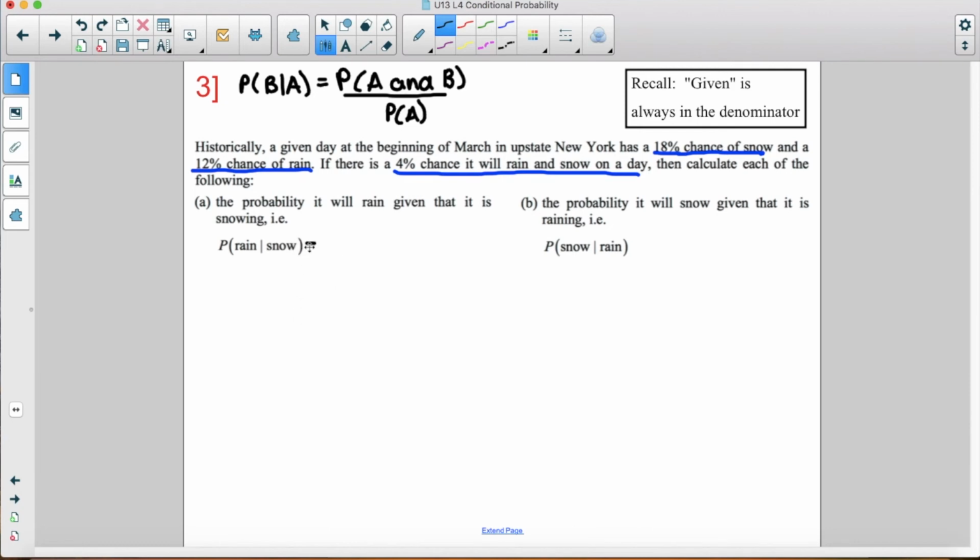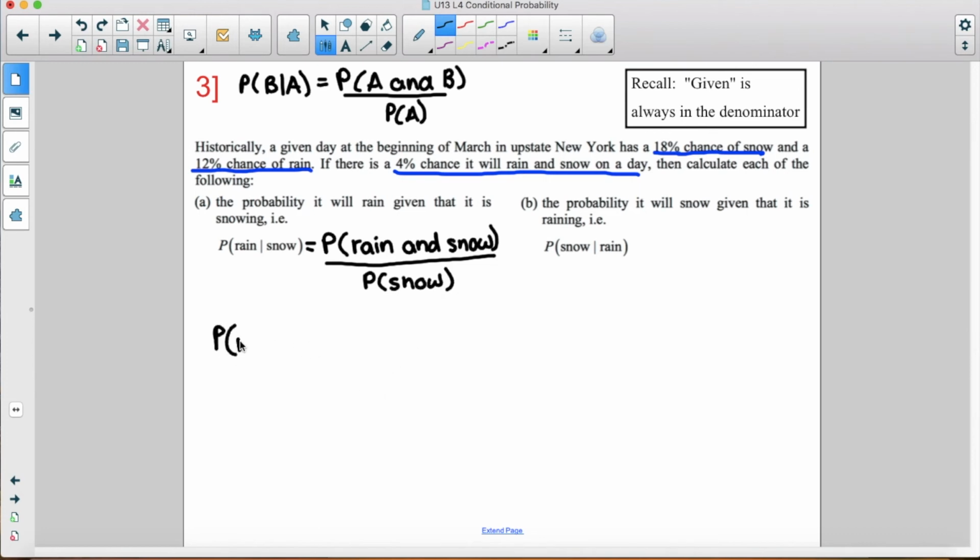So here, if we were to convert it to that, we have the probability of rain and snow over the probability of the given, which is snow. Okay, now let's fill in what that is.